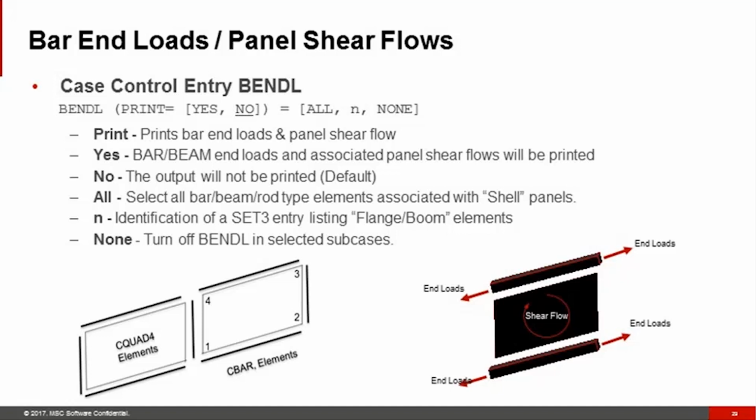You have the option to say no, you don't want to get those. And as a user, you have the option to assign a group of elements to obtain the results, or you can just say you want to get the bar end loads for all the elements. The same thing applies to shear flow for the QUAD4 shear panel elements.